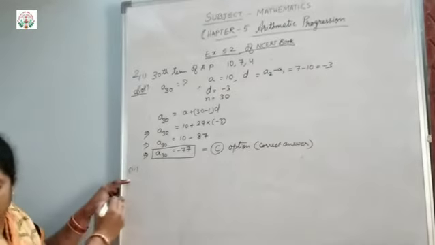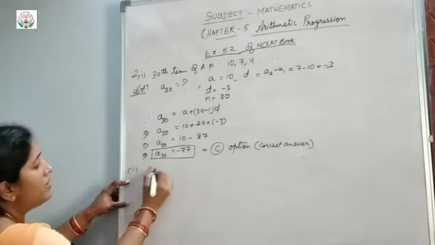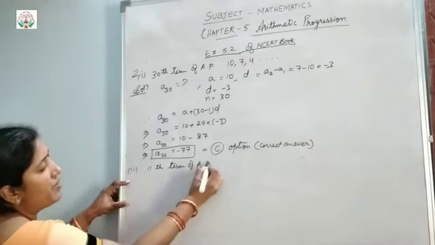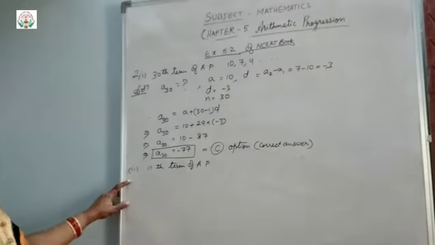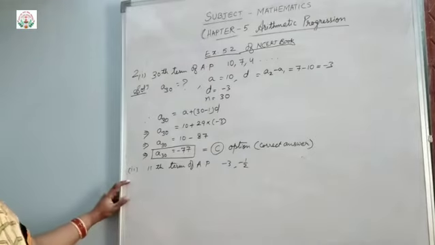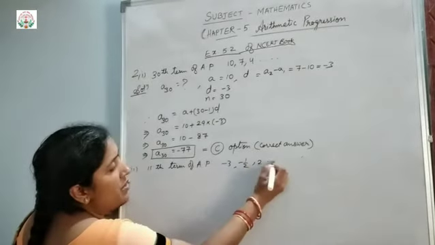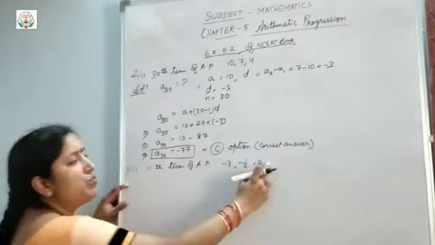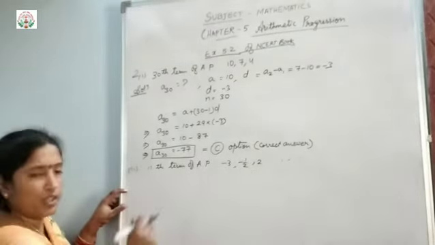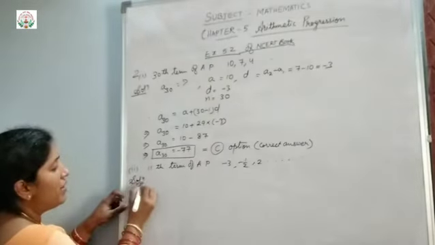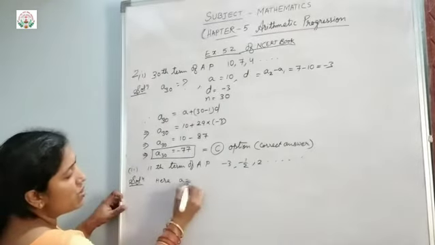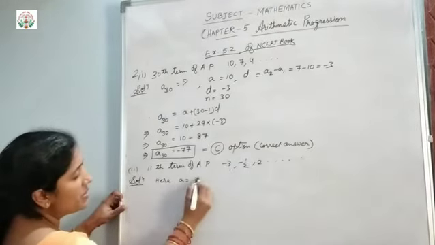Likewise, the second one also you can see. The second one, what is that? The 11th term of the AP. The AP is minus 3, then minus 1 upon 2, then 2, and so on. Here also you can see it is an infinite arithmetic progression. So now the solution again the same way. Here you can write a is the first term, that is minus 3.